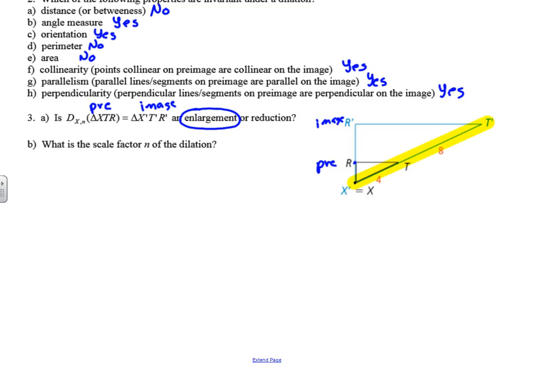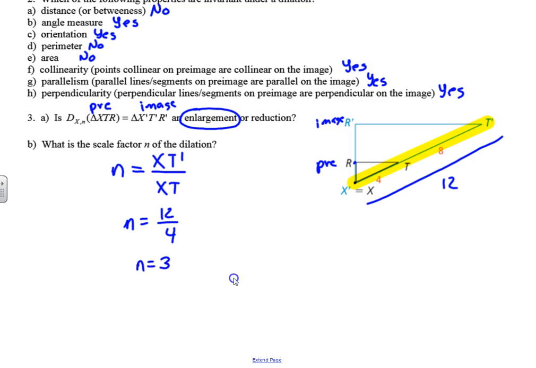So remember that the scale factor, in this case they're calling it N, is going to be X T prime, the image, over the length from the center to the pre-image. So the full length of this one would be 12 divided by 4, and so the scale factor would be 3.